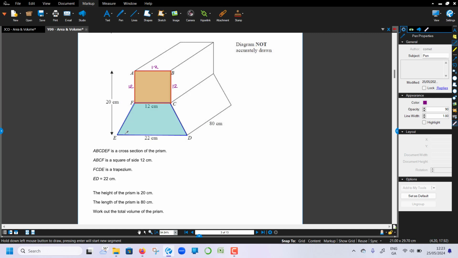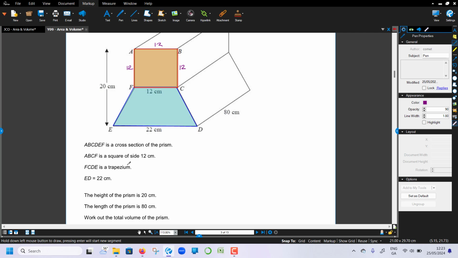All right. The height of the prism is 20 centimeters. Great. Now let's use that straight off the bat. We're told that's a square. Done. Now the height of the prism is 20 centimeters, so let's use that information. That's 20.